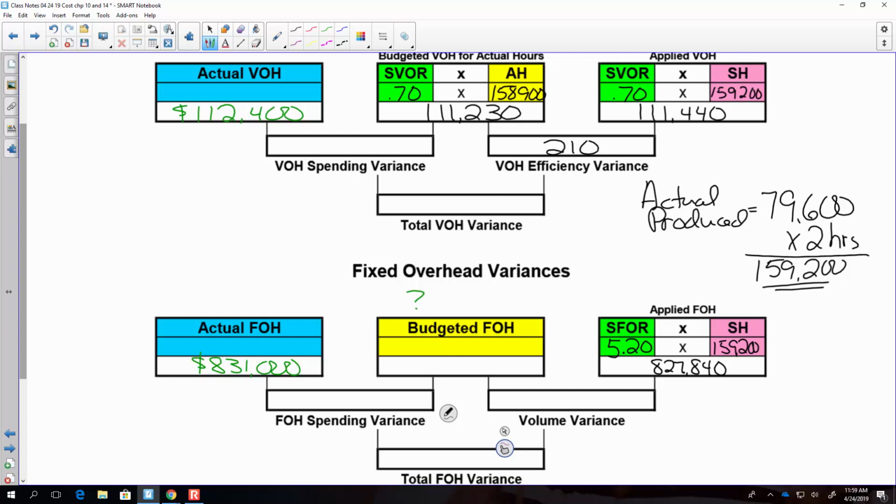Efficiency variance. $1170, spending, right? Which direction though? On the spending. Unfavorable? Any efficiency? Favorable. Awesome. Yeah, the 2, 910, 960.